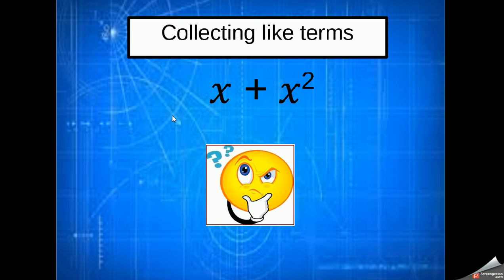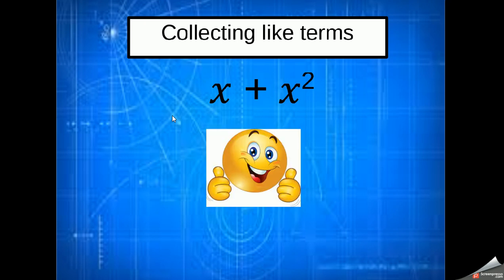By here then, we've got x plus x squared. Well, can't we put 2x or 2x squared? Isn't it the same? No, it's not. Like terms are to the same power. So in this case, the first x is to the power of 1. Any number to the power of 1 is itself, x. Whereas the second x is to the power of 2.